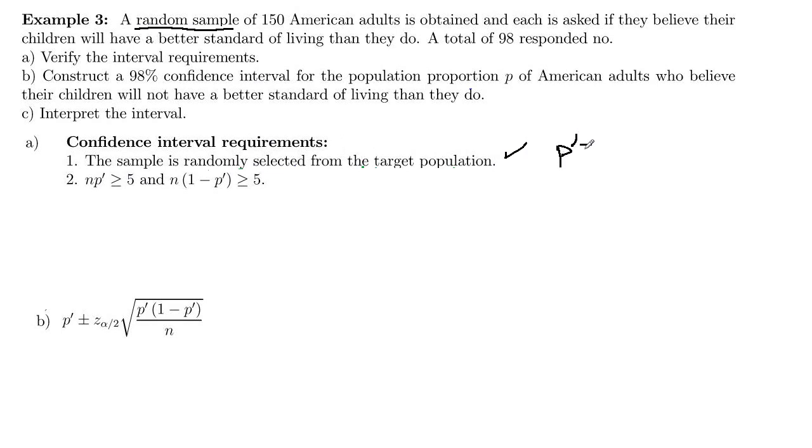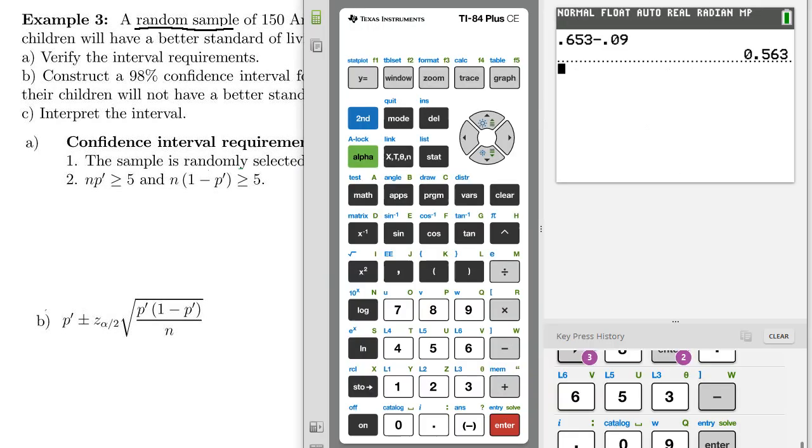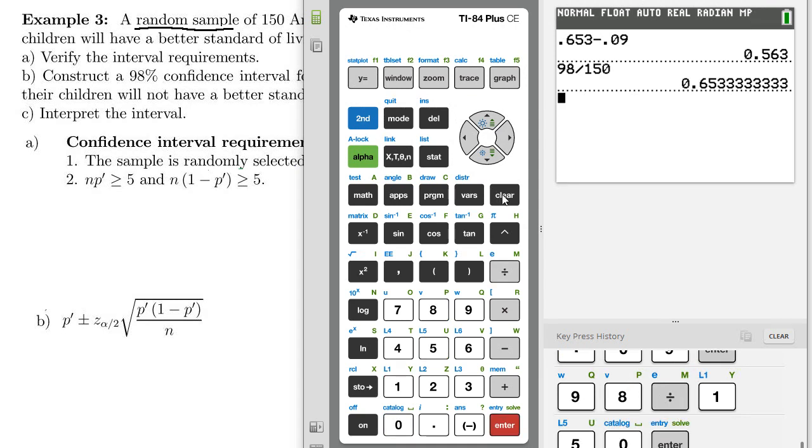So p prime is successes out of total, that's x out of n. We had a total of 150 people. And then 98 responded no, so that's what we're going to consider a success here. And 98 divided by 150 is 0.653 repeating.